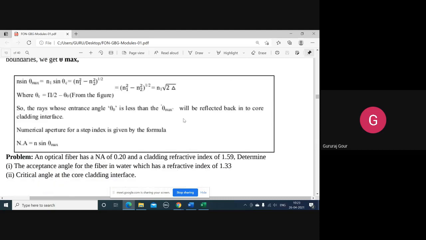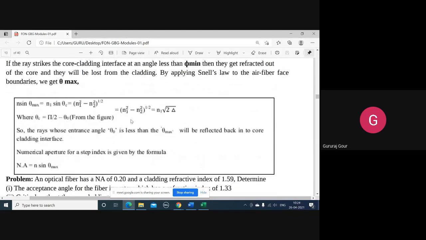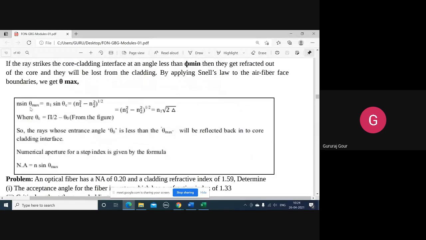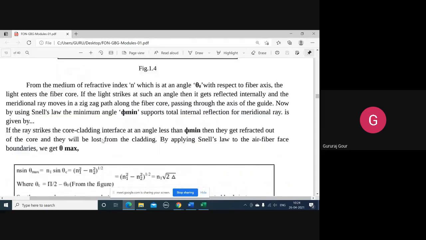So there are some relations. This I have already told. We are going to derive these formulas later. Relationship between theta max, the maximum angle at which the ray of light strikes at the air-fiber interface: n sin theta max, where n is the refractive index of air, theta max is the maximum angle at which the ray of light strikes the fiber axis from the air-fiber interface, equals n1, the refractive index of the core, into sin theta c.